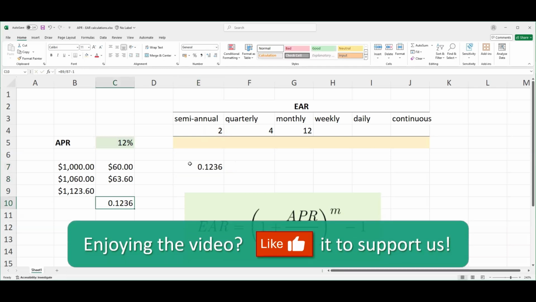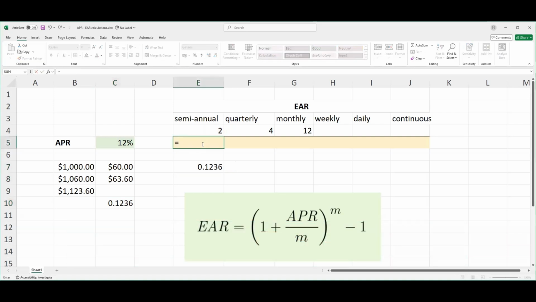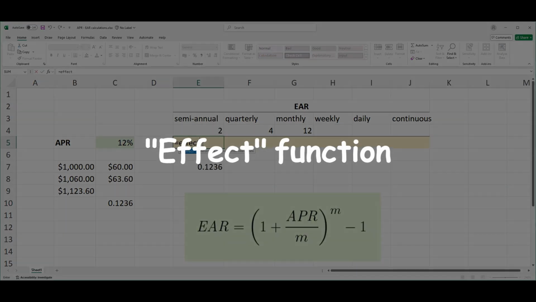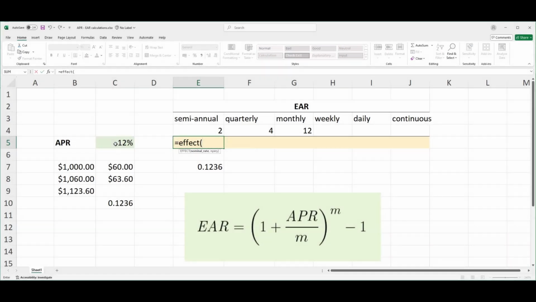There's also an Excel function which you can use. Rather than using the formula, that is what I'm going to use here. This function is called the EFFECT function, and it says it returns the effective annual interest rate. So you just put the nominal rate, which is our APR. I'm going to fix this cell because I will use it for other cells as well.